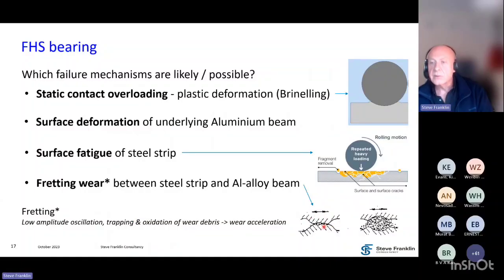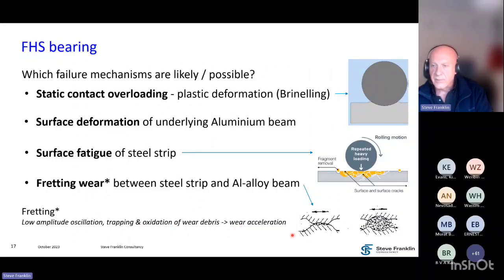surfaces of metals in particular can become oxidized, because any wear particles that are formed, because it's only a low amplitude oscillation, it's difficult for those wear particles to exit the contact area, so they stay within the contact area and they get ground down further and further and finally oxidize, become trapped.